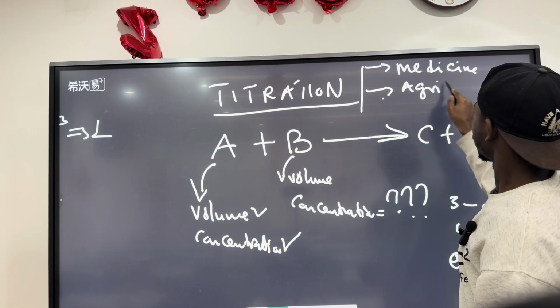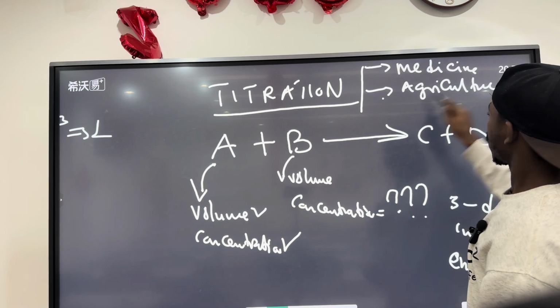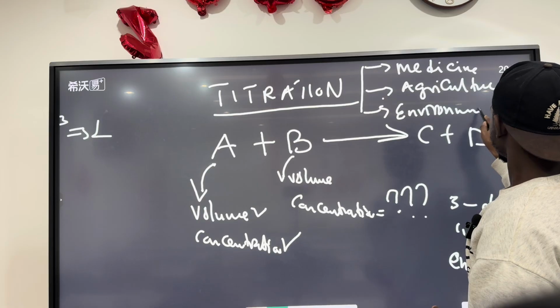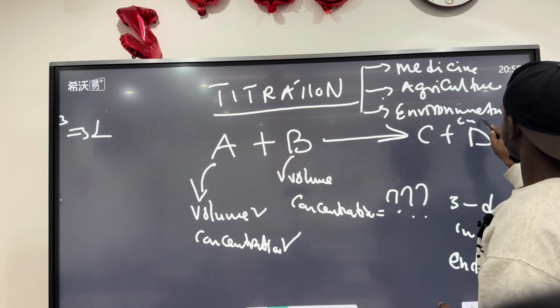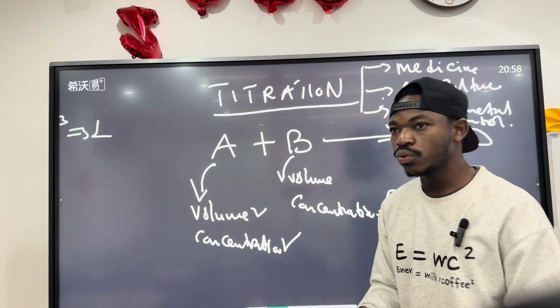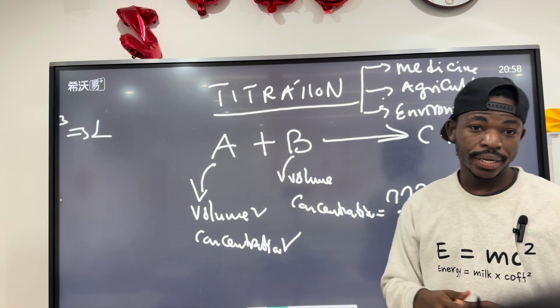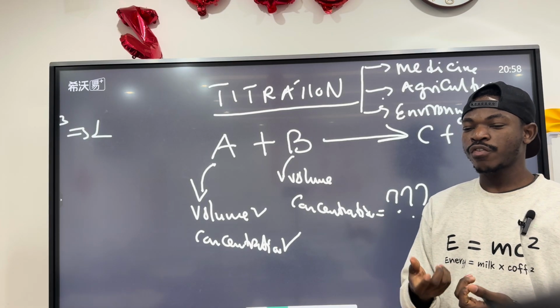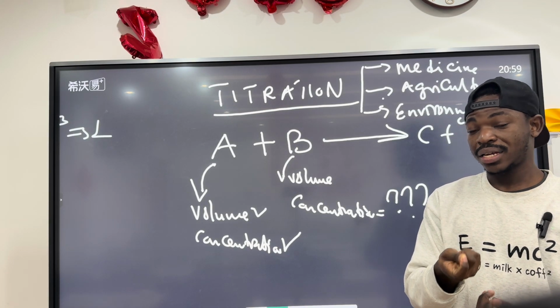Titration is very important because it's applied in medicine, agriculture, and environmental control or monitoring. For example, I would want to know the concentration of a particular drug that is produced.